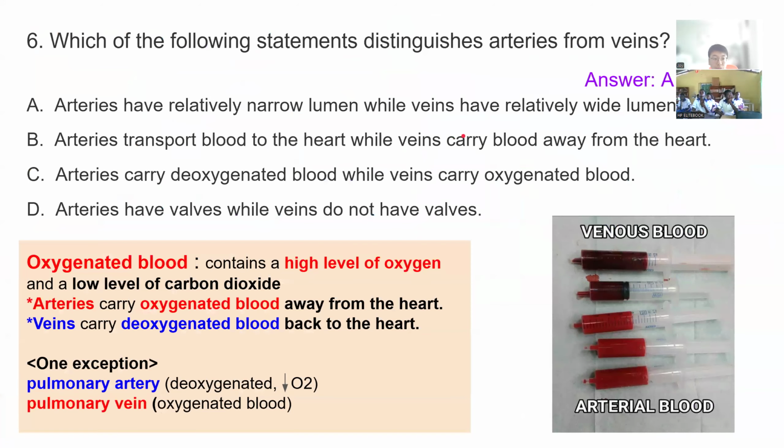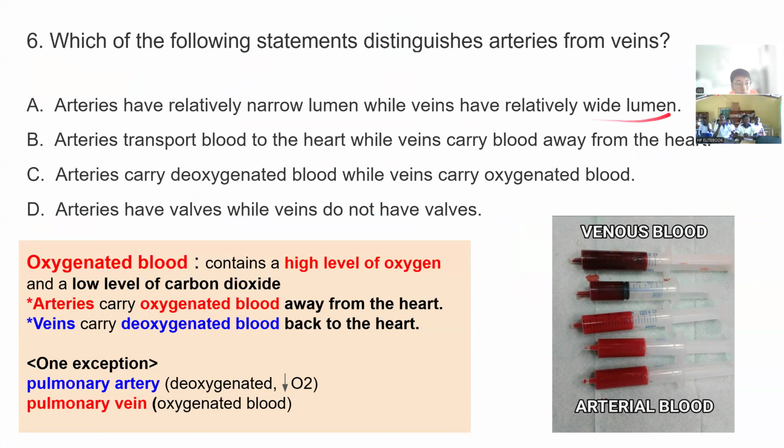I think this is one of the last questions with the circulatory system. Which of the following statements distinguishes arteries from veins? We're looking at differences. Is it A, arteries have relatively narrow lumen, while veins have relatively wide lumen?